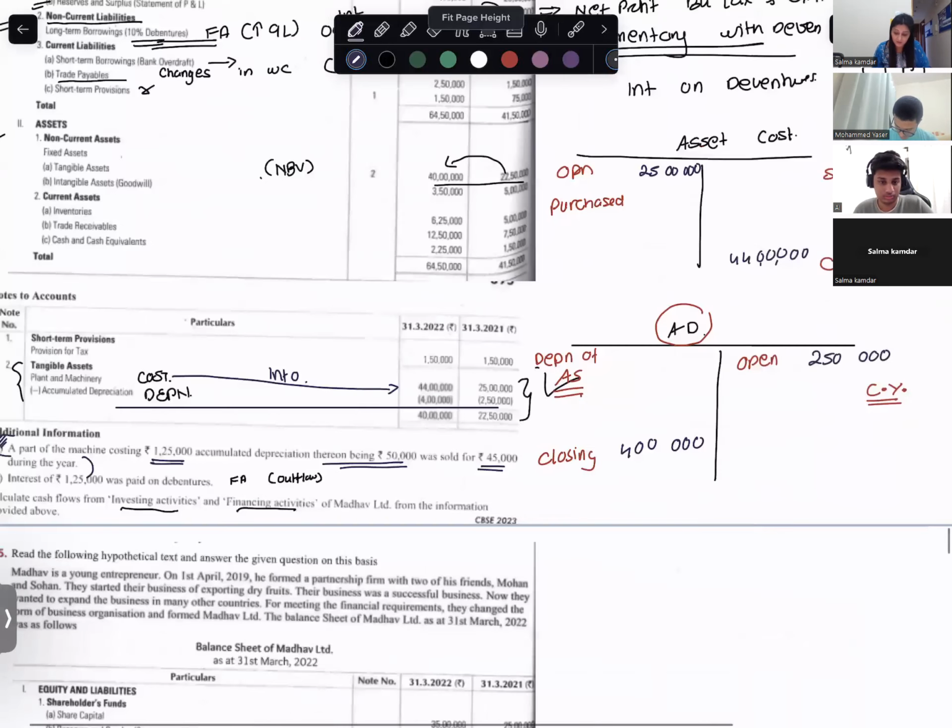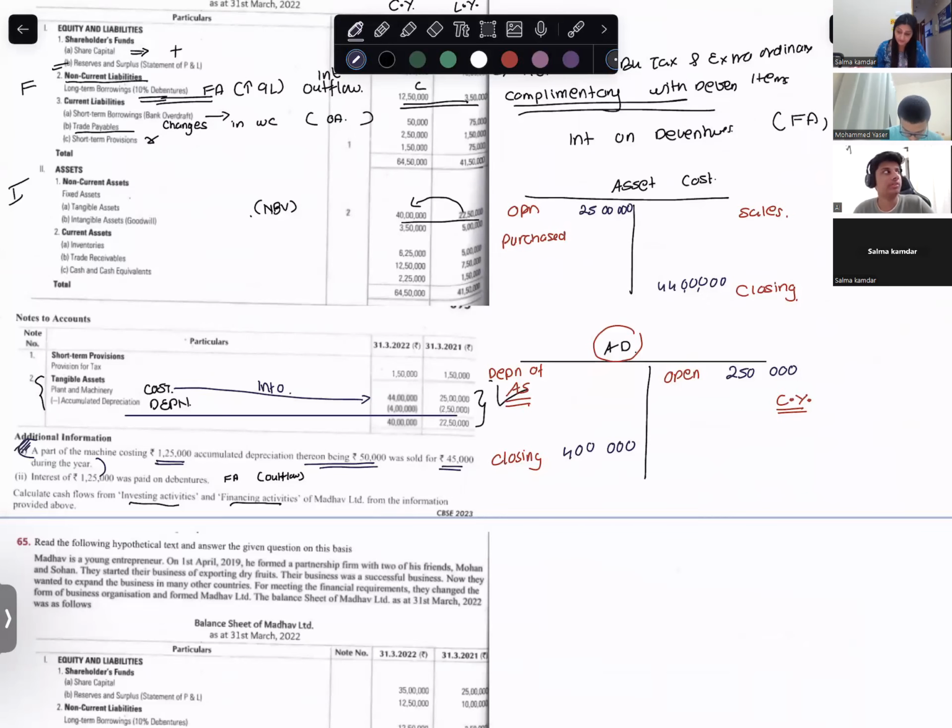Machine costing how much? 1,25,000. So it is sales, right? Which side will I record? Credit side. Accumulated depreciation of assets sold, how much? 50,000. Which side will I record? Debit.